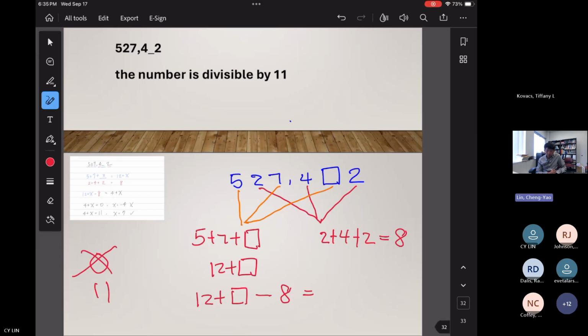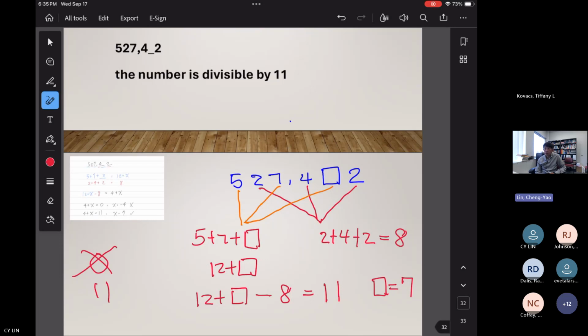We try 0, but probably we can get a negative number, and we don't want a negative number. What about 11? If I want it equal to 11, plus 11, that's 22 minus 8. So if this is 11, then the box has to be how many? Did you get 7? So you fill in 7 and it is divisible by 11.